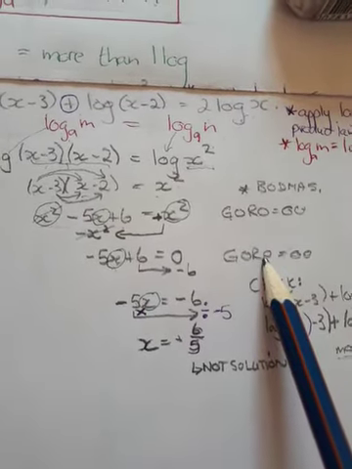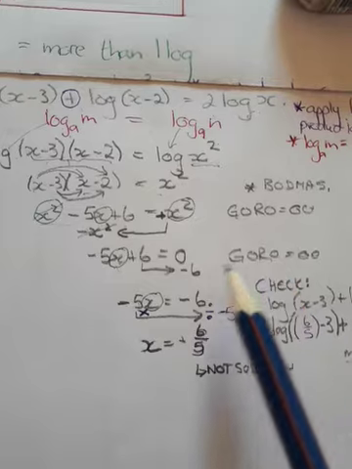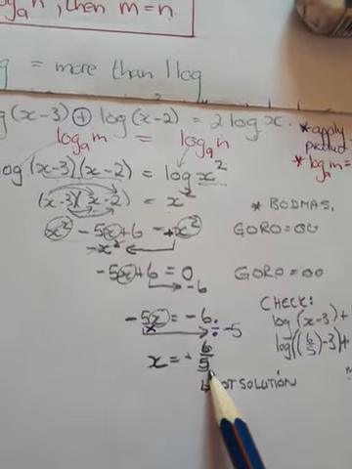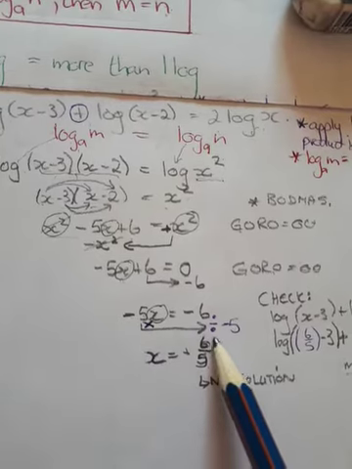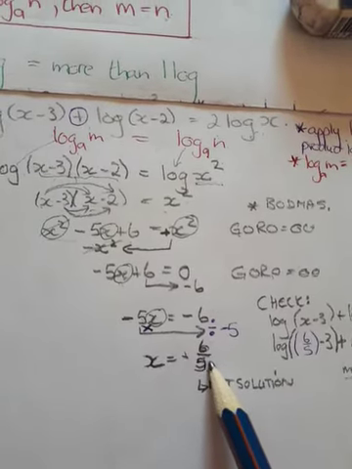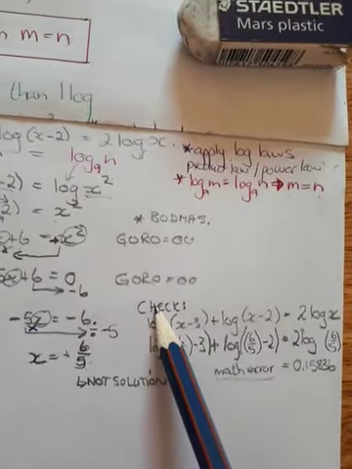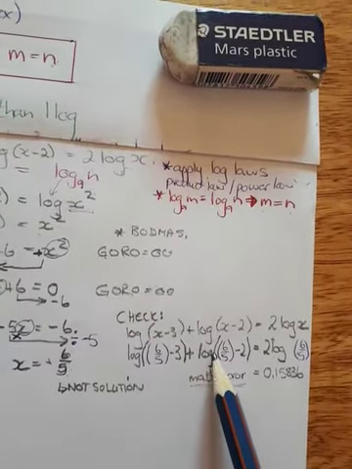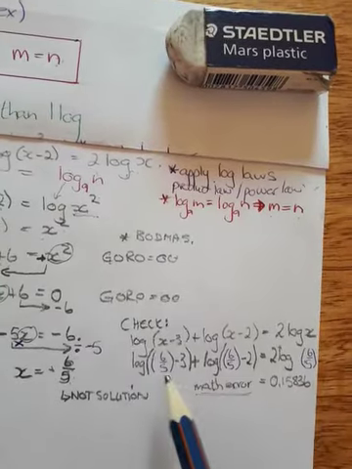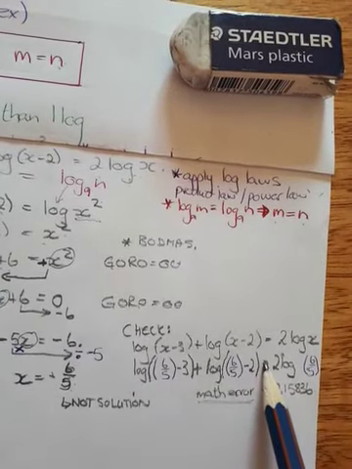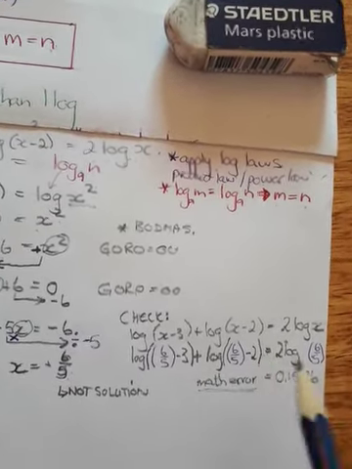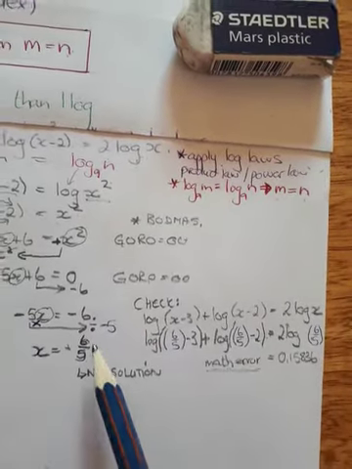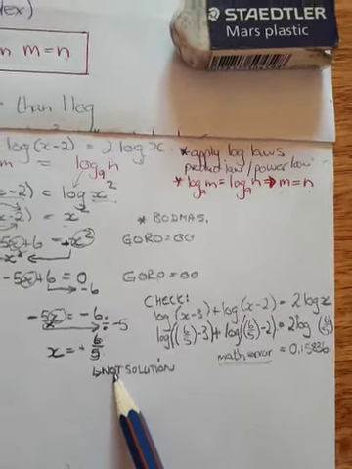So once again, we're going to use Gr10, move over the 6, then divide by negative 5, which gives me x equals 6/5. Lastly, do your check. Substitute all x's with your answer. Then put the whole left-hand side into your calculator. In this case, it gives you a math error, which tells me that 6/5 is not a solution.